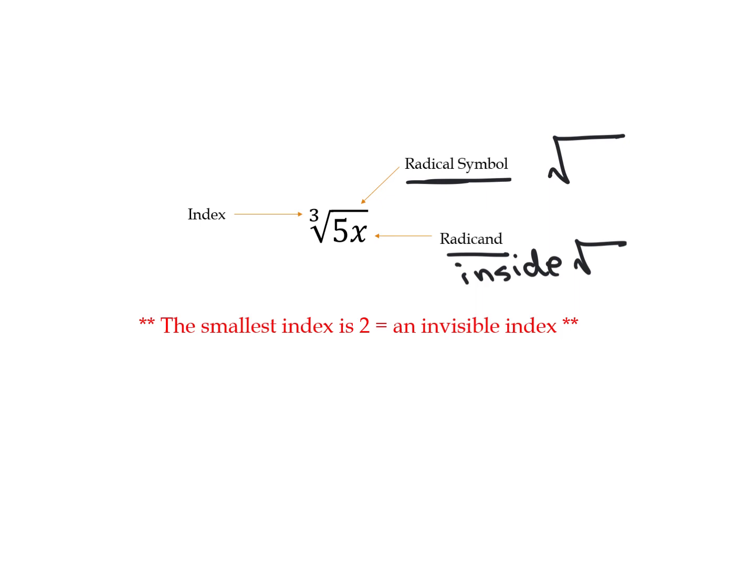And the third term is index. And the index in this particular case is a 3, which is indicating that we are doing the cube root. Okay, if there is no index, we know that it is invisible and it is understood to be 2. So if I just see this, I understand that is the square root.